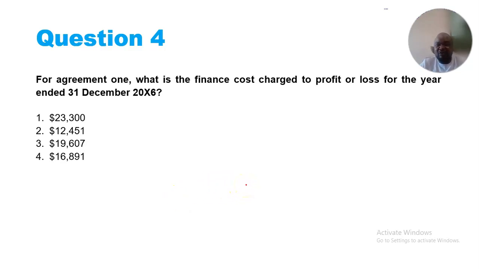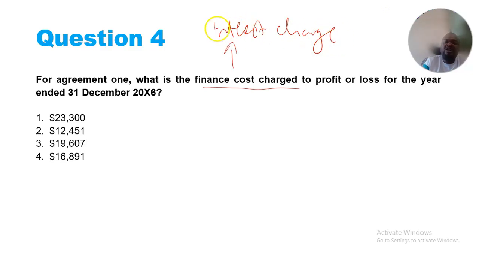Just follow the prompts and the information I have given you so far. Remember, the finance cost is the interest charge, and you need to tell yourself, is this the first year, second year, or third year?